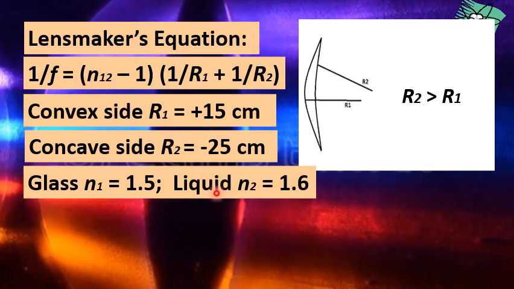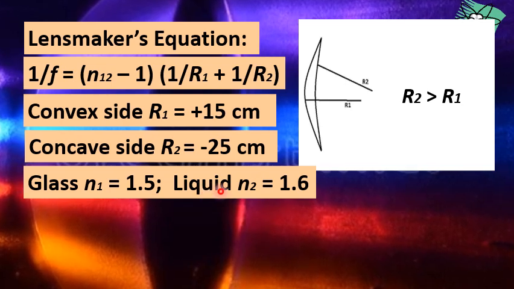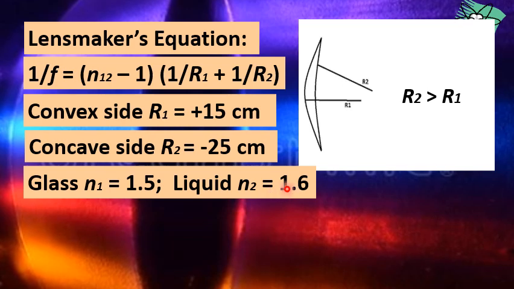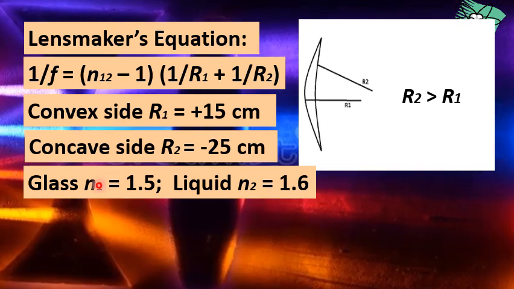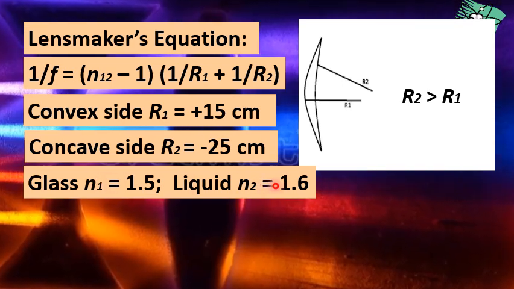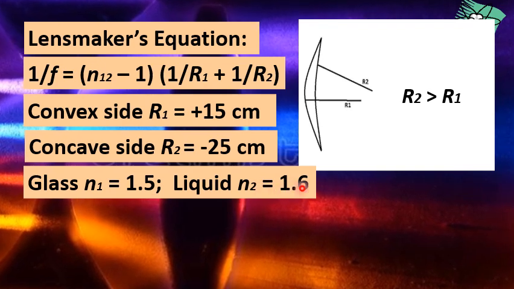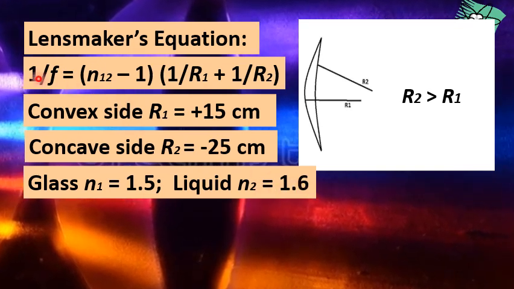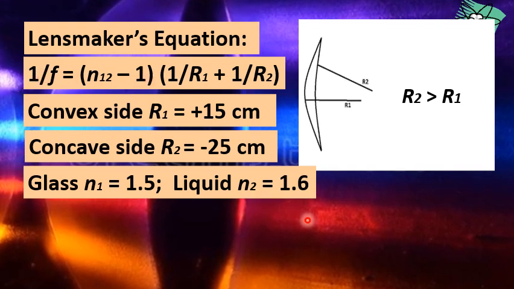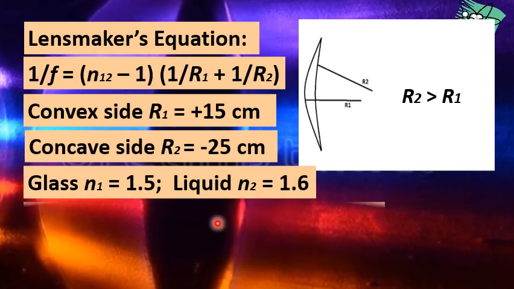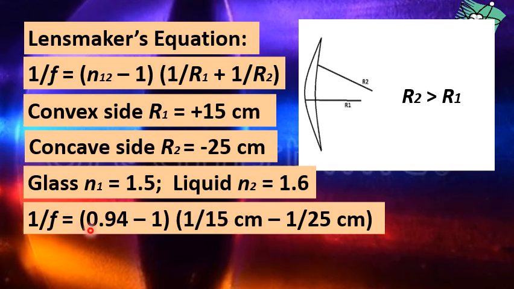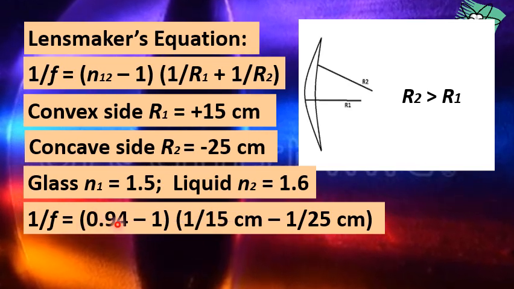Supposing the surrounding medium is a liquid whose refractive index, denoted by N2, is higher than that of the lens, like N2 equals 1.6. So, using this Lensmaker's equation and plugging in the quantities, we get 1 over F equals 0.94.